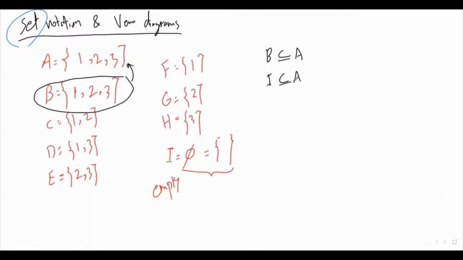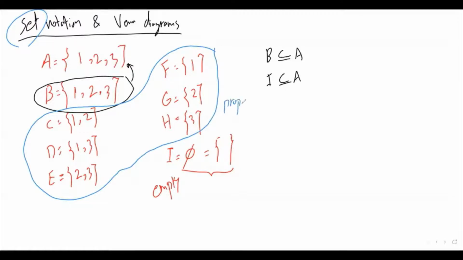So the rest, meaning from C all the way to H, these are also called subsets, but they have a special name. We call them proper subsets.